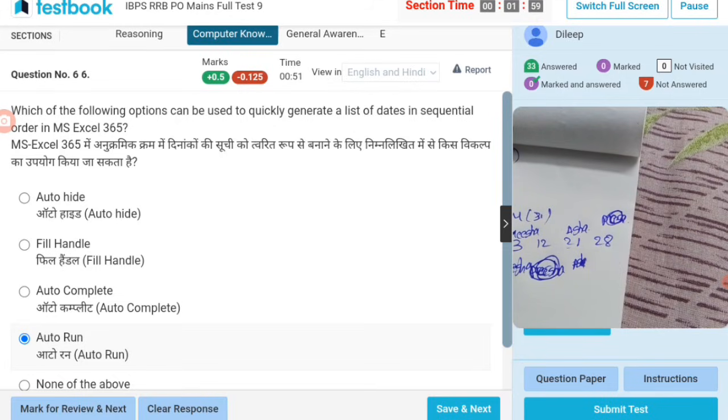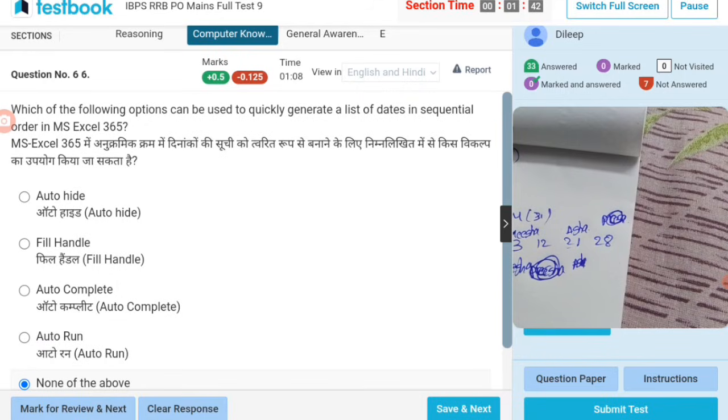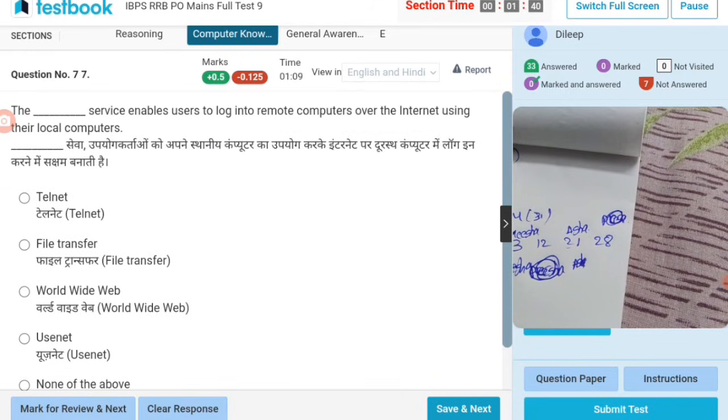So auto complete or auto run. So I have doubt on this.